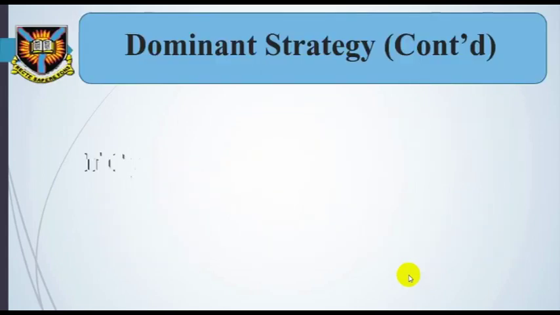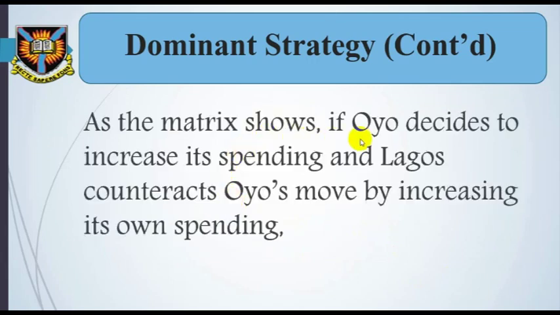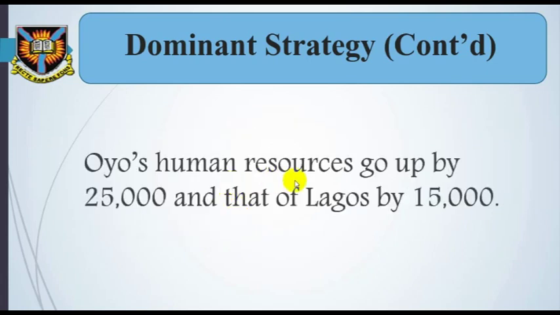If Oyo and Lagos state governments contemplate increasing spending on education, as the matrix shows, if Oyo decides to increase its spending and Lagos counteracts Oyo's move by increasing its own spending, Oyo's human resources go up by 25% and that of Lagos by 15%.